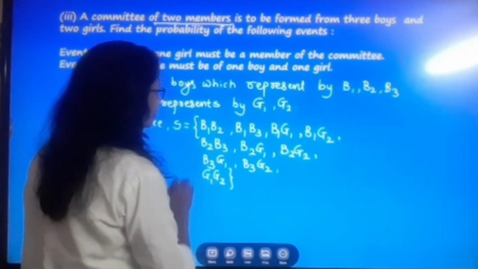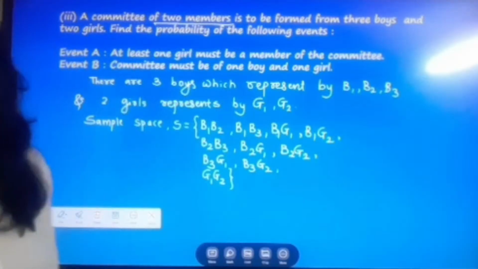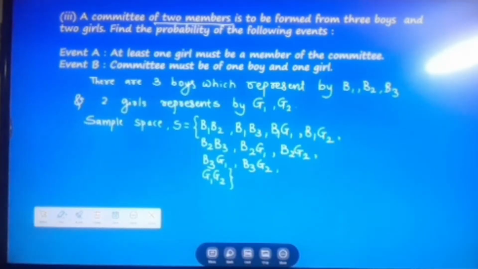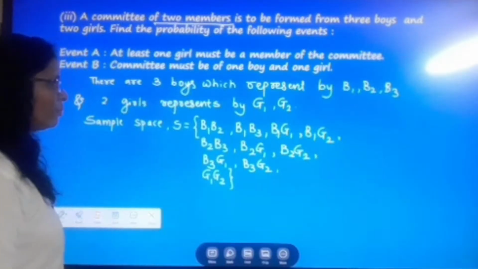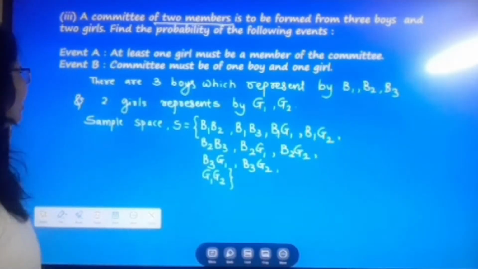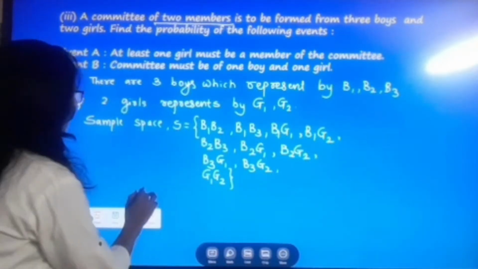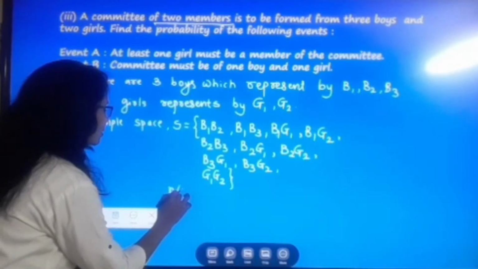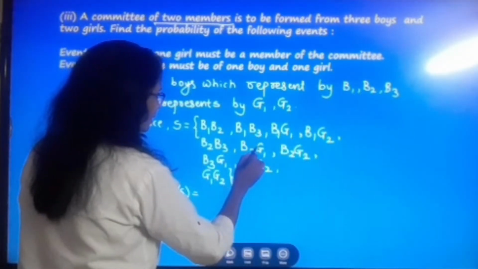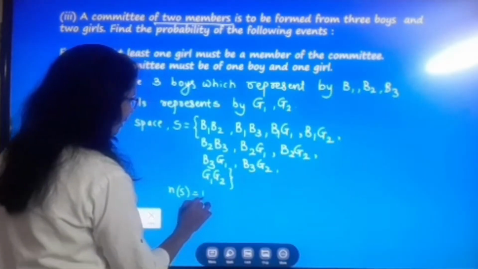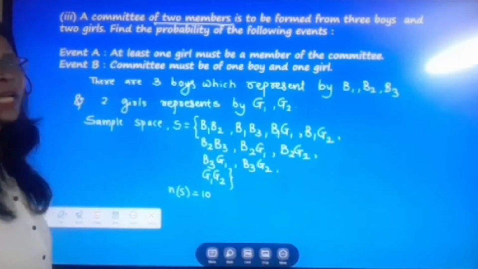And this is the last one, students. So now students, how many outcomes are there in the sample space? n of S is equal to 1, 2, 3, 4, 5, 6, 7, 8, 9, 10. Yes, n of S is equal to 10, students.